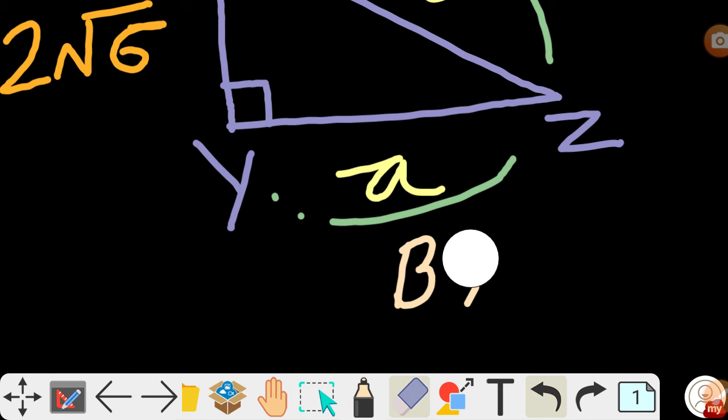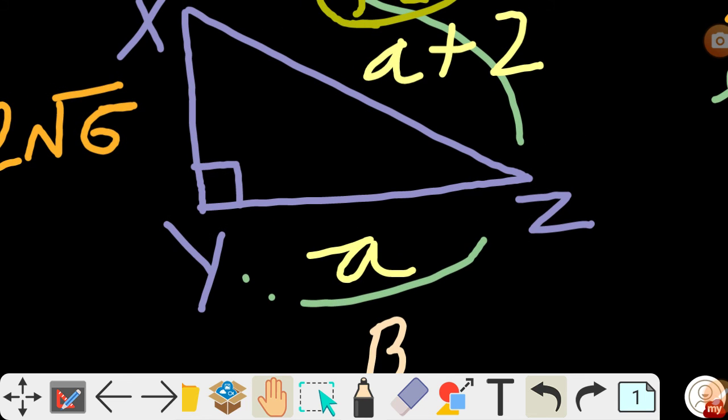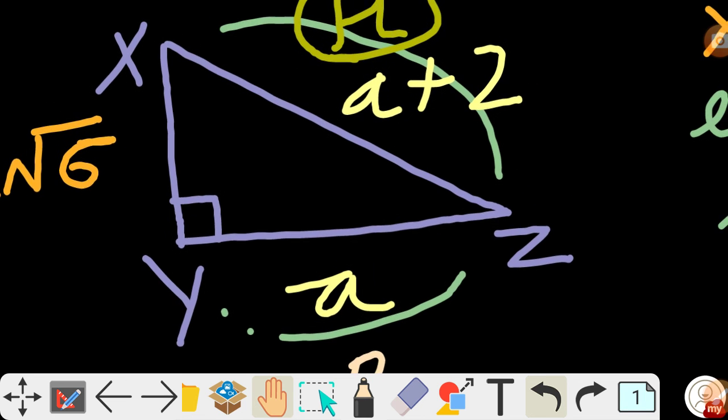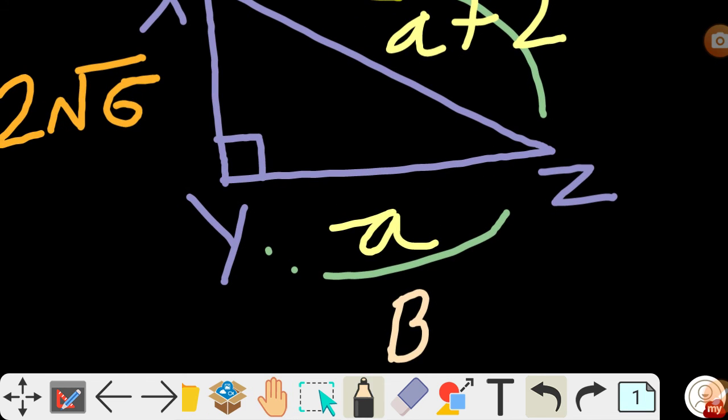Before going further, I will tell you something very special and very important. If you consider this angle Z, then the perpendicular is this one.